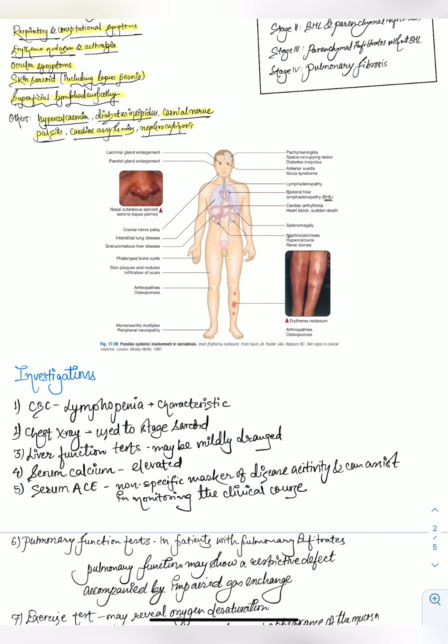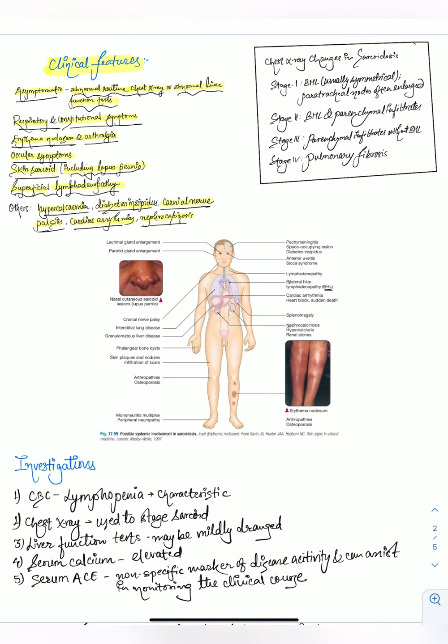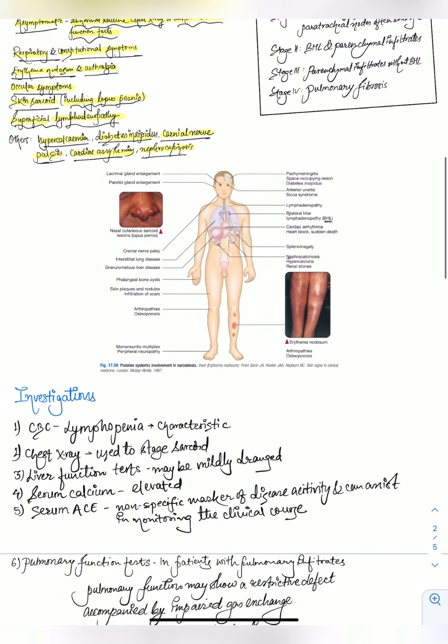Actually the clinical features depend upon the organ which has been involved by the sarcoidosis, and according to that you can tell the clinical features. Now we will go for the investigations.